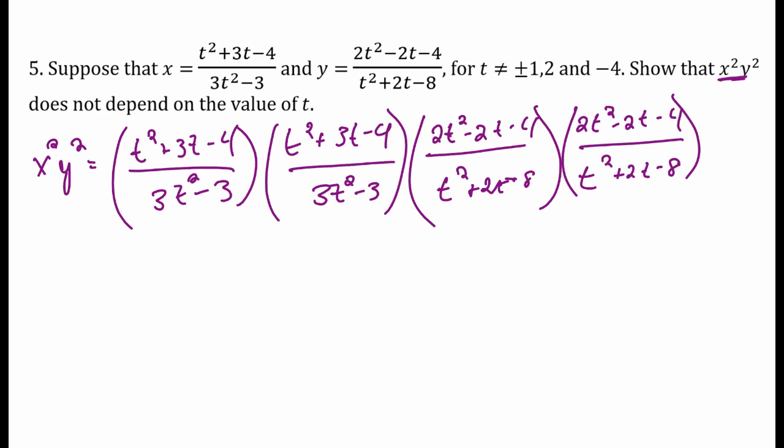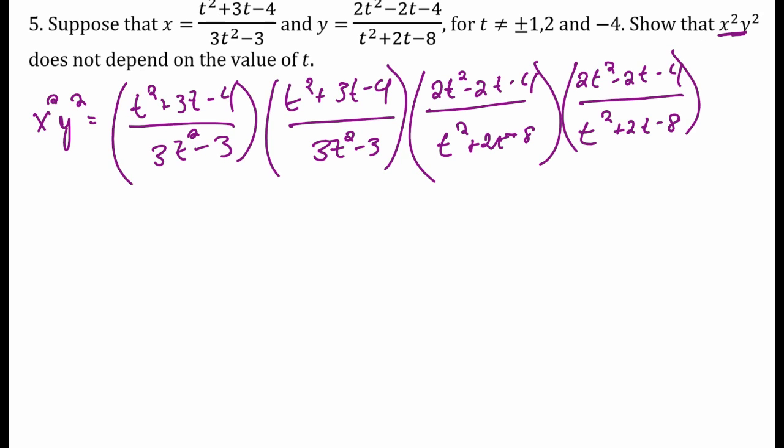So what we need to go through now and do is factor each part of these rational expressions. Really, I only have to factor 2 of them because the other 2 are just repeats. So let's look at this first one I just underlined in green. We have a trinomial up top, so that trinomial factors into t plus 4, t minus 1, because what multiplies to negative 4 that adds to 3? 4 and negative 1.